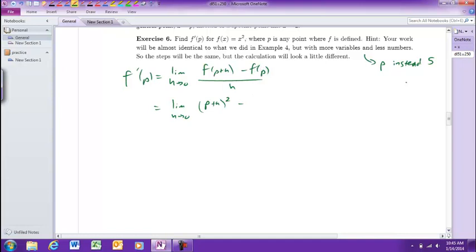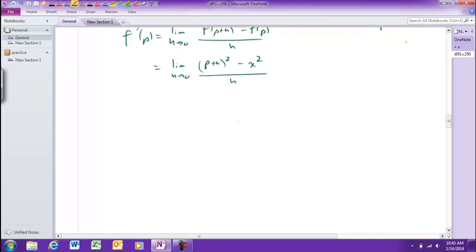And f of p, that means I'm putting in p for x. And that's divided by h. And when I multiply this out, remember I've got to do p plus h times p plus h and FOIL it. I get p squared plus 2ph plus h squared.